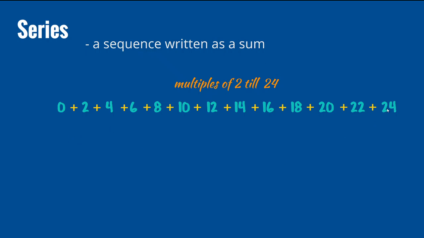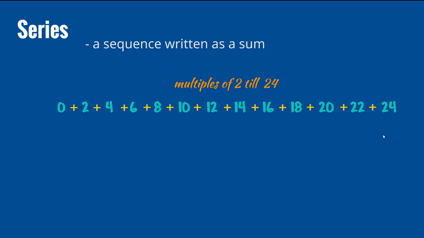I'm not finding the final answer here. I can find the answer, but I'm not going to. I'm just writing the numbers as a sum, with a plus sign instead of the comma. That is called a series. This was a sequence; this is a series.